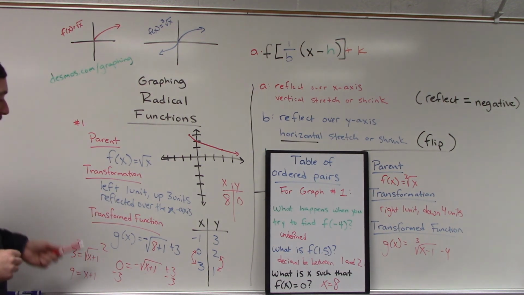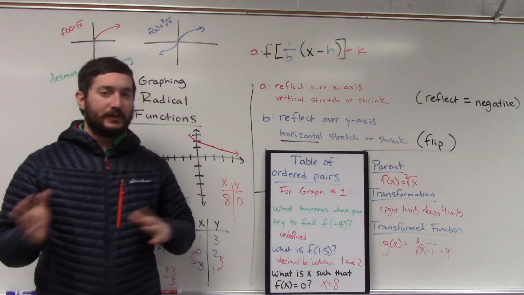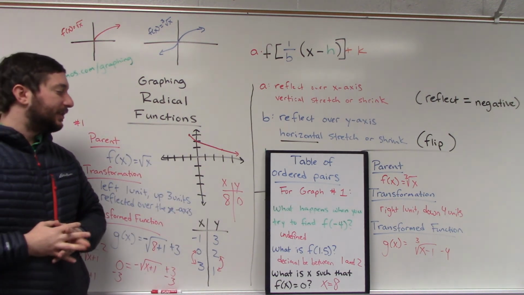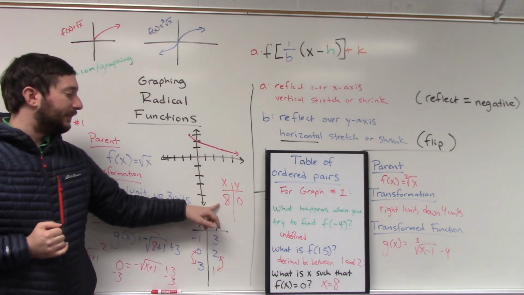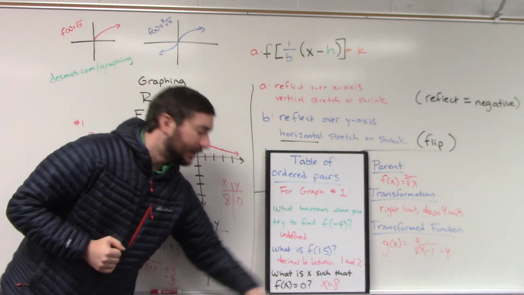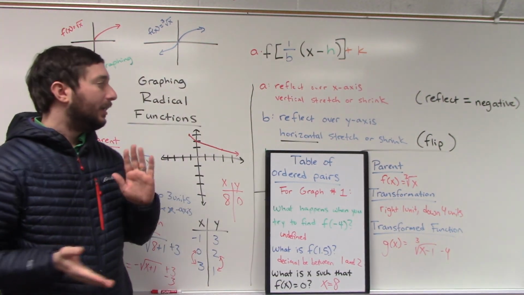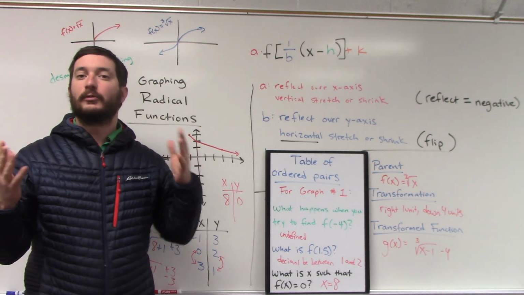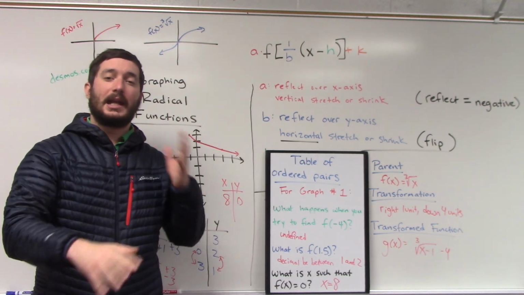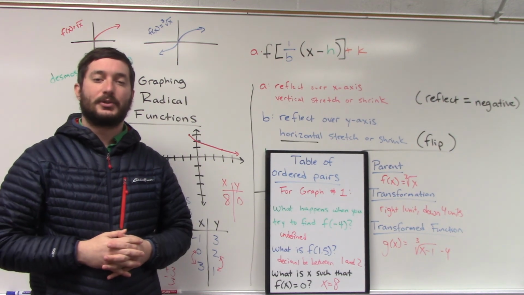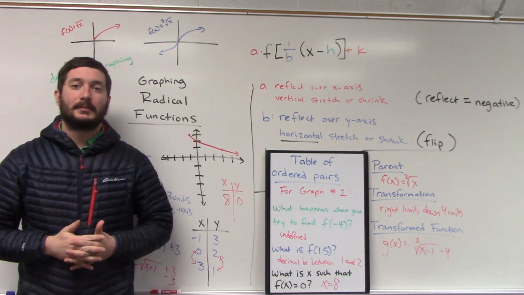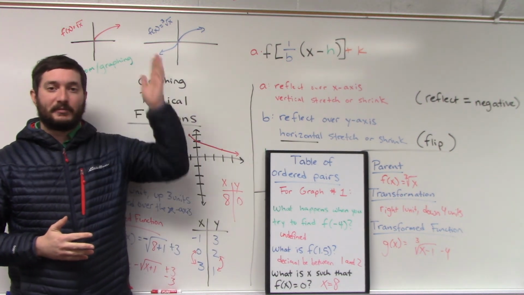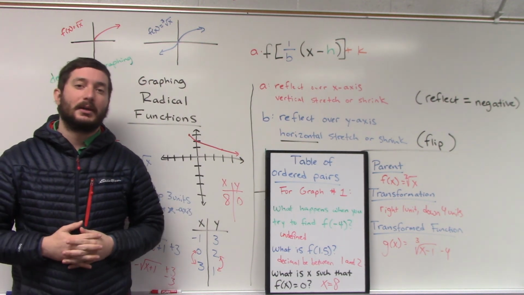So that's a bit of a preview for what to expect moving forward. Just test different numbers, see which one gives you back that 0, and that's how you know what x will be. And that is a summary of how you can move from graphs to functions and then fit tables with those graphs and functions of these parents that we've been talking about and will continue to talk about moving forward.